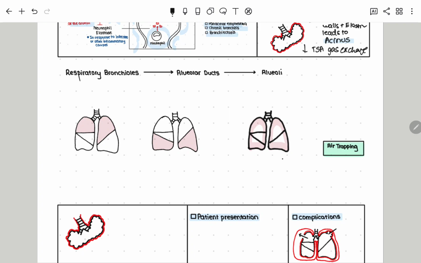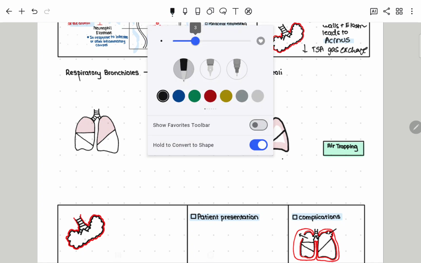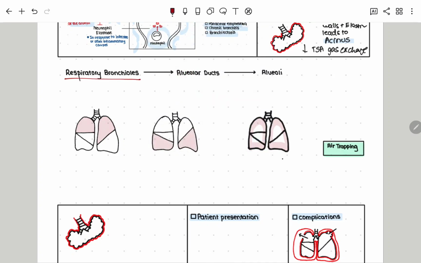So you've got respiratory bronchioles, which lead to alveolar ducts, which lead to the alveoli. Now, if the breakdown of elastin and the walls is occurring at the level of the respiratory bronchioles, we call this centri-acinar emphysema. If it's occurring at the level of the alveolar ducts and the alveoli, we call this distal acinar.